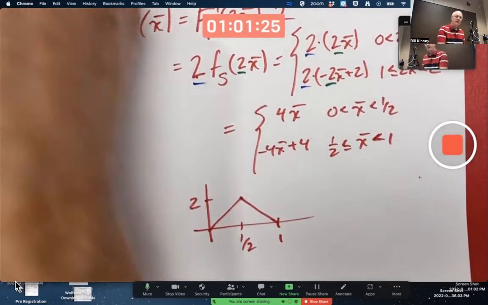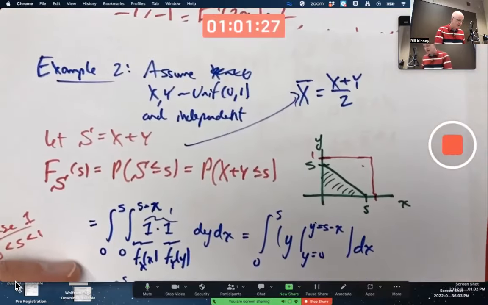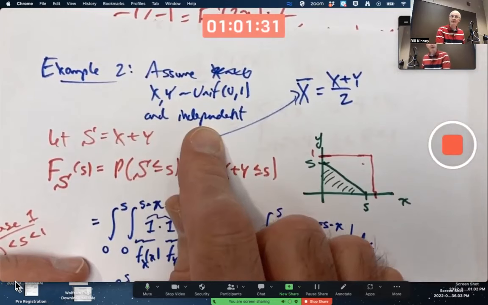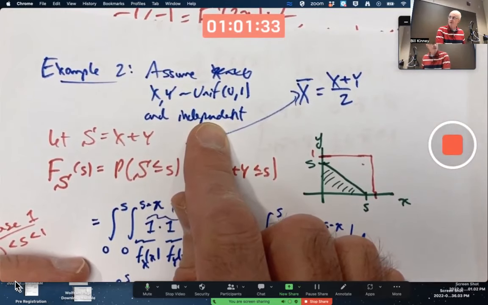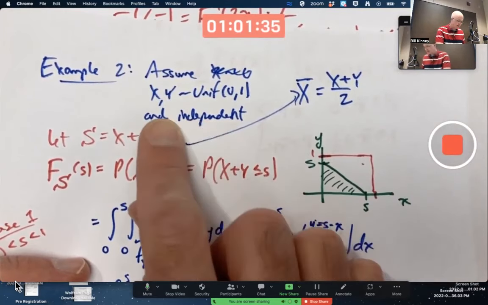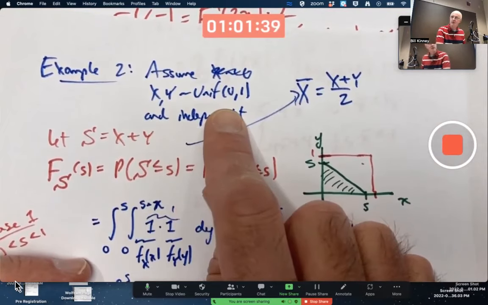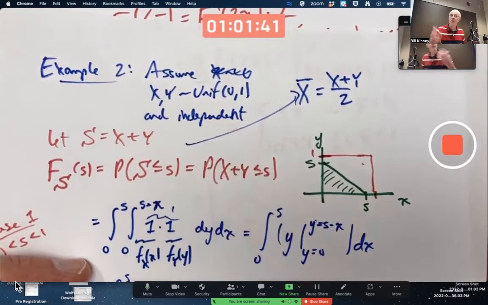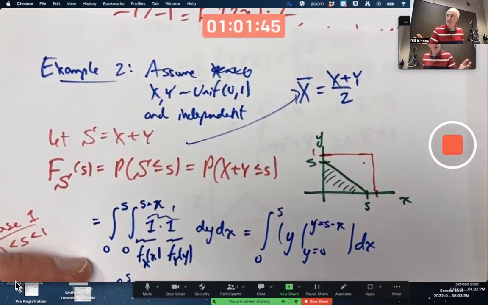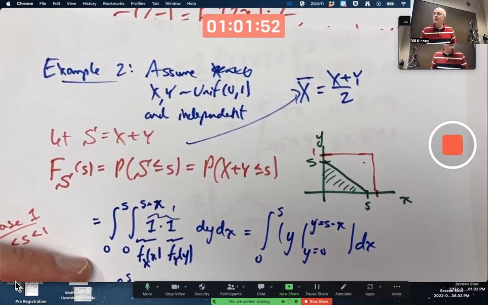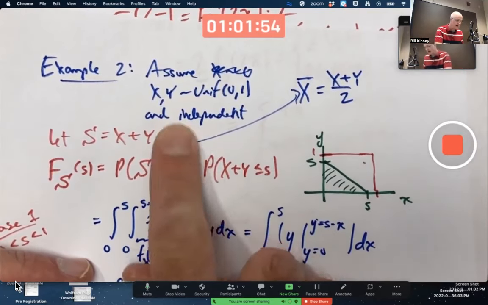Or a random sample could be more abstract. It could be 2 or more independent random variables from the same distribution. Like these 2 random variables is a sample of size 2. They're independent and they're from the same distribution. That's called a random sample in a more abstract sense, which is actually what our book emphasizes. And there's a statistic, a random variable I can compute from my random sample.